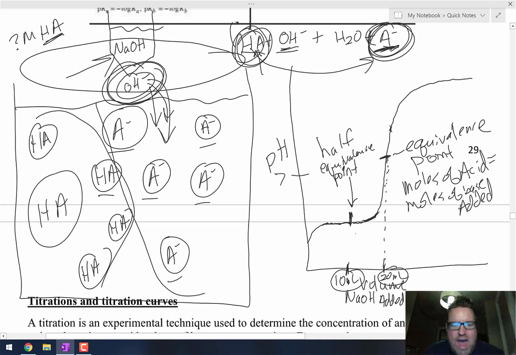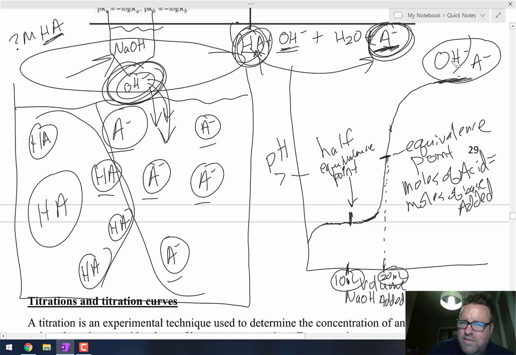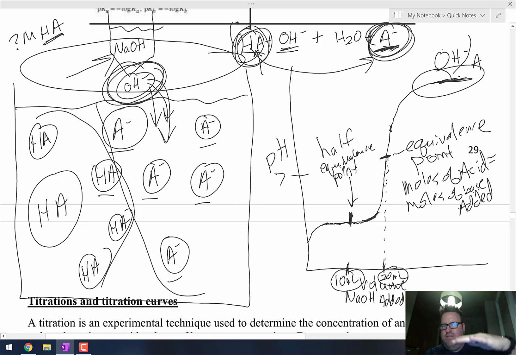And then as you continue to go up this curve, basically when you're here, all you've really got in the solution at this point is a bunch of hydroxides and a bunch of that conjugate base, not together, obviously, separately. But once you're up to here, you now have a very, very high pH because all of those acid particles are gone.